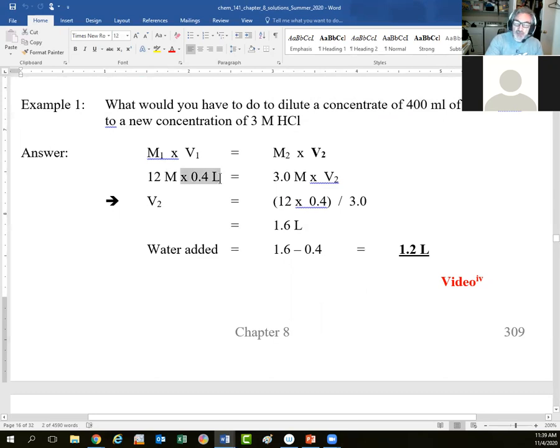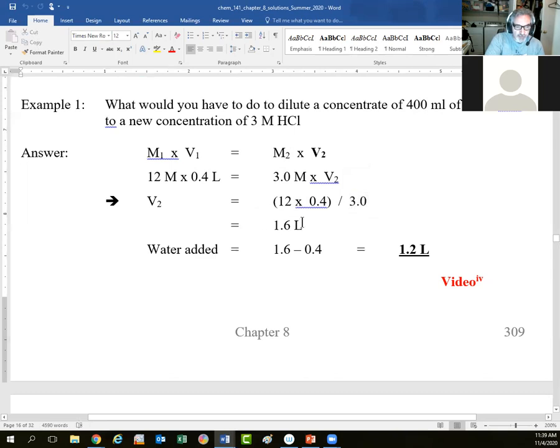Now, standard units for liquid, of course, as we saw in chapter 7, is liters. So we can convert that by dividing by 1,000 into 0.4 liters. The final molarity desired is just 3 molarity. What would be the total volume of the solution, and therefore how much water will you add? So V2 would be M1 times V1 divided by M2, that 3 molarity.